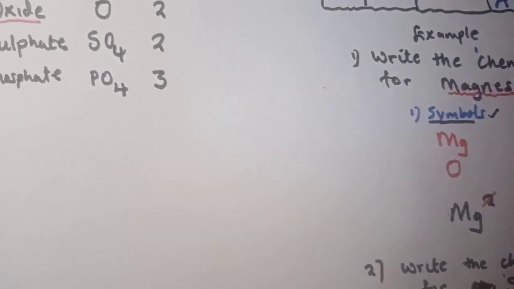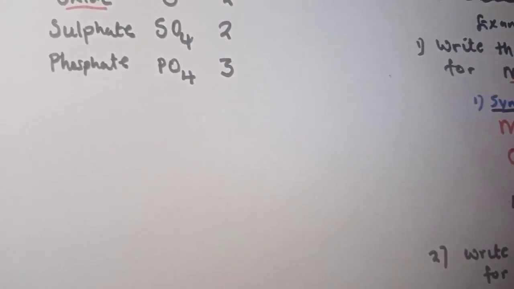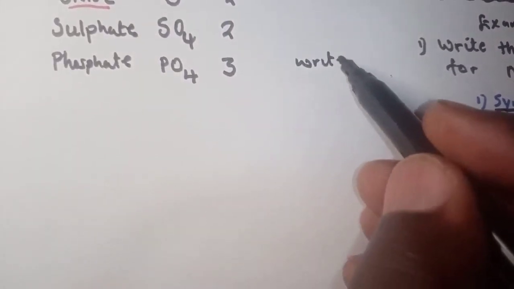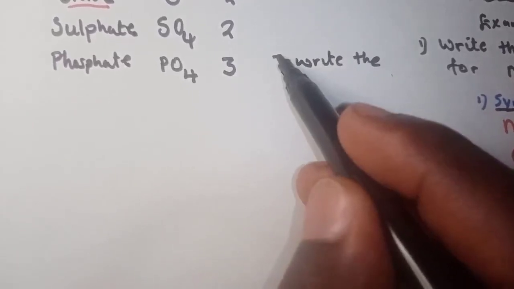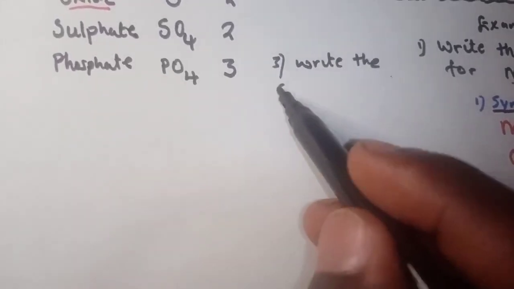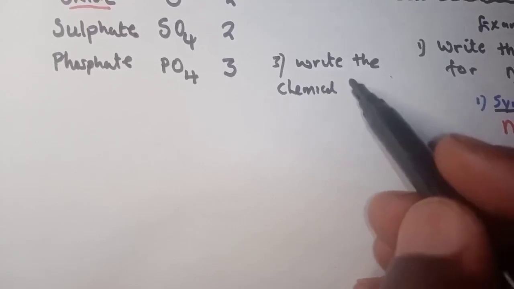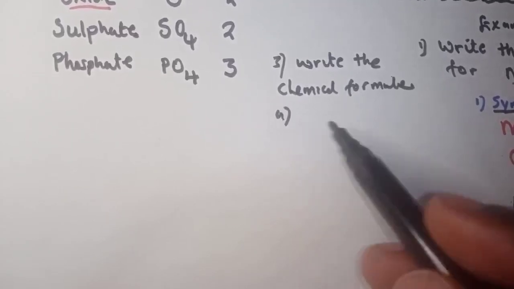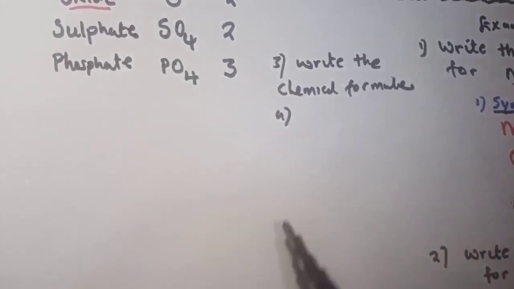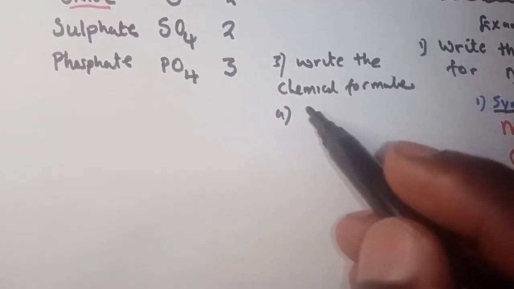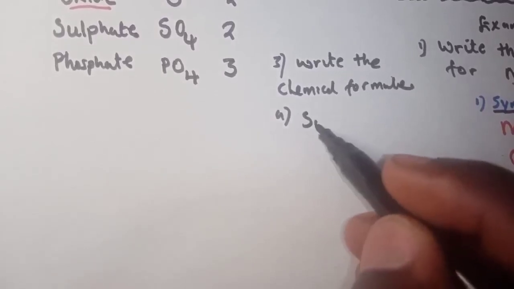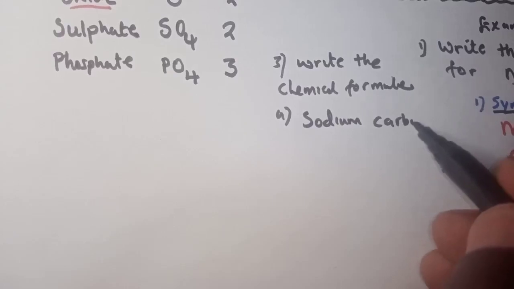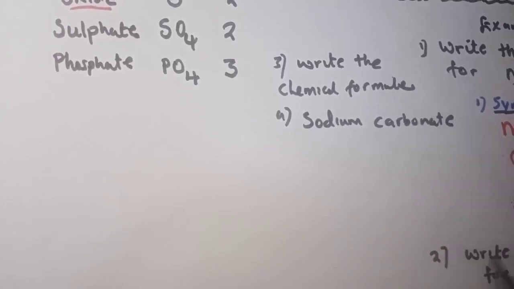So in the next example, example 3, we're told to write the chemical formula for sodium carbonate.